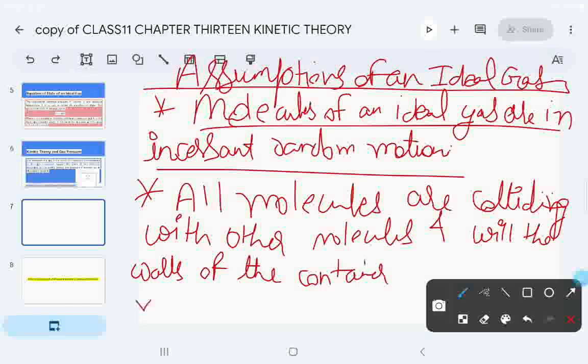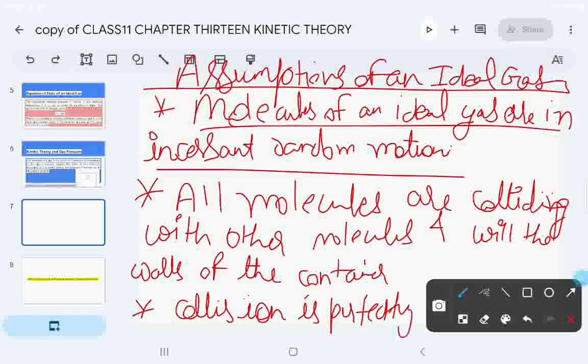And this collision is perfectly elastic. You have to write that this collision is perfectly elastic.